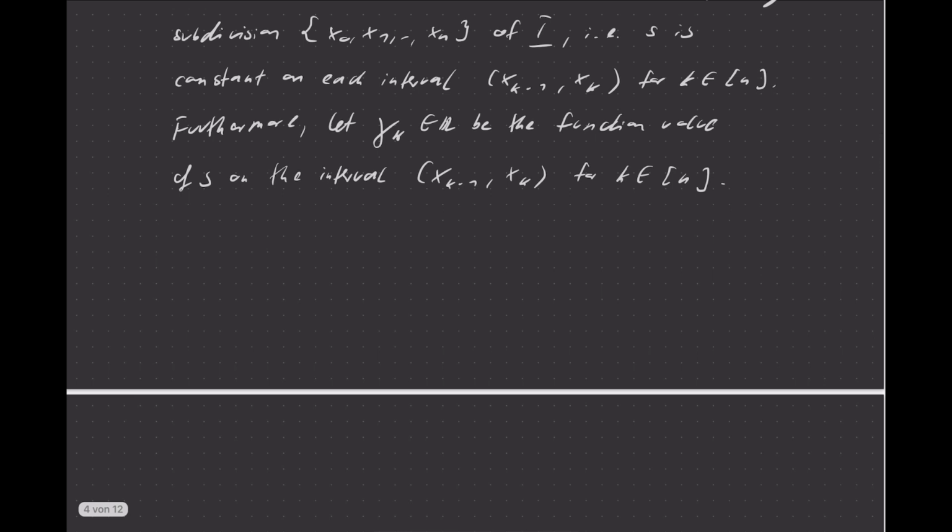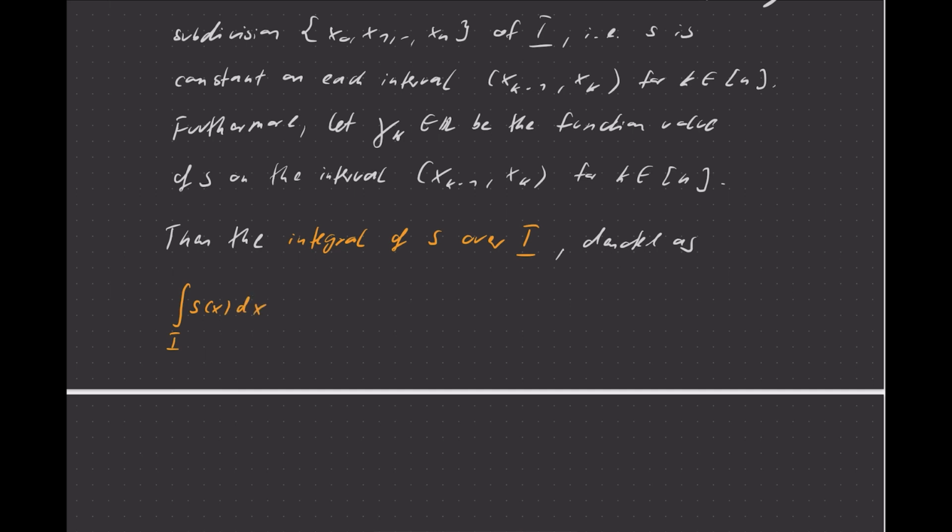And then we can easily define an integral. So the integral of S over I, we'll denote that as either the integral of S over I, so we put the I below the integral in the subscript, and we write that as S of x dx.